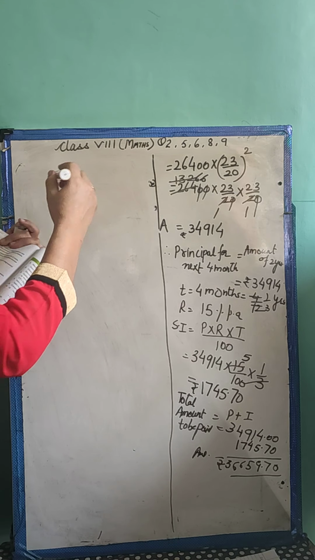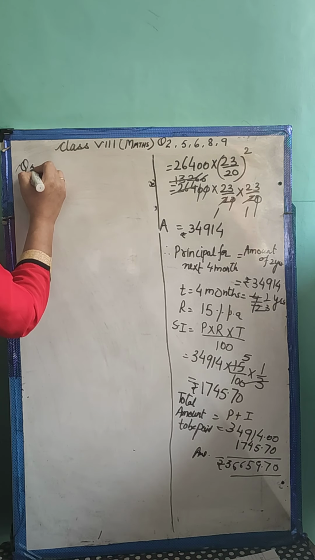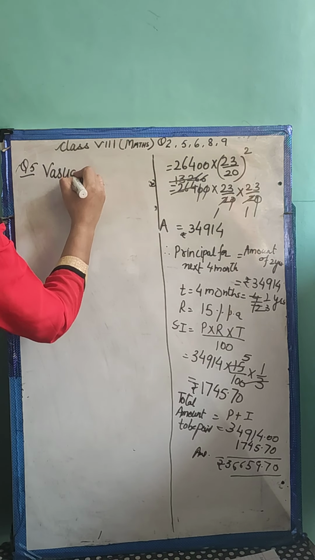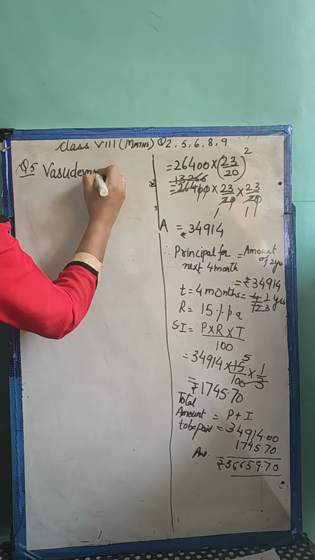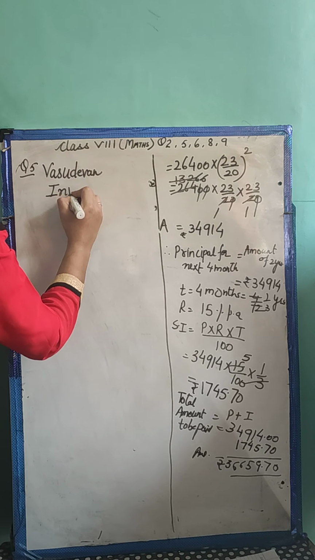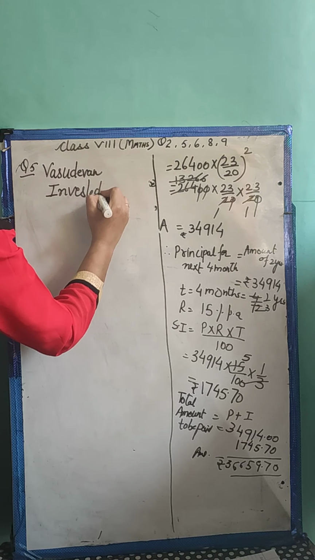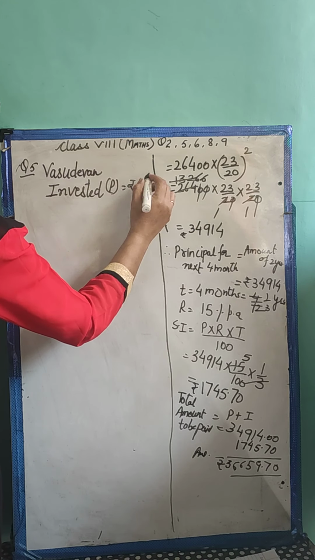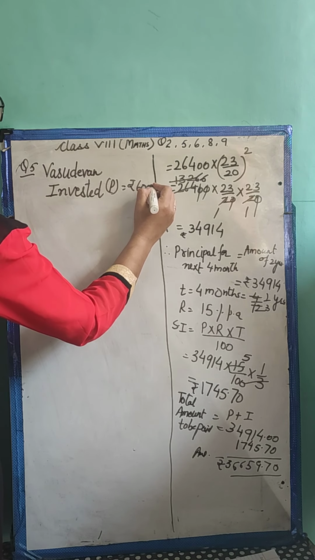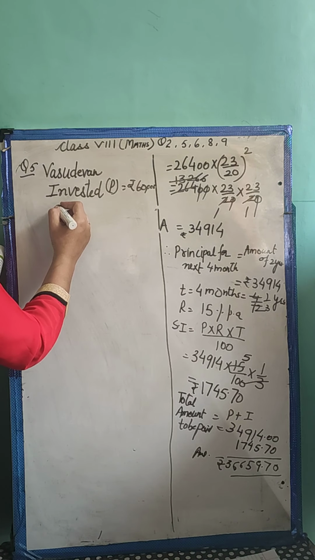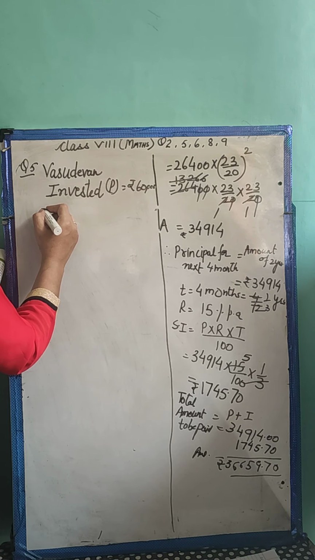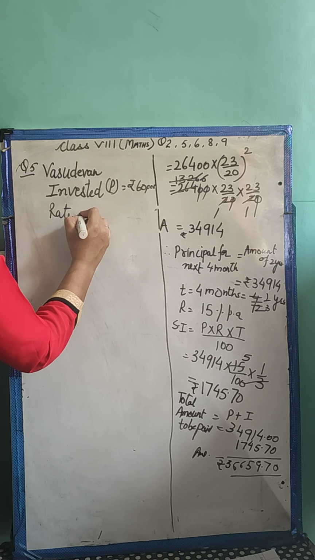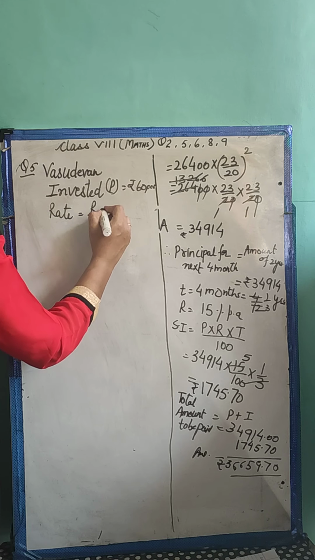Because it is compounded half yearly, what do we have to do? The rate will be half, that is R by 2%.